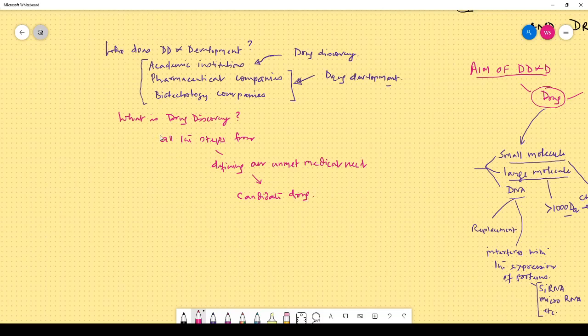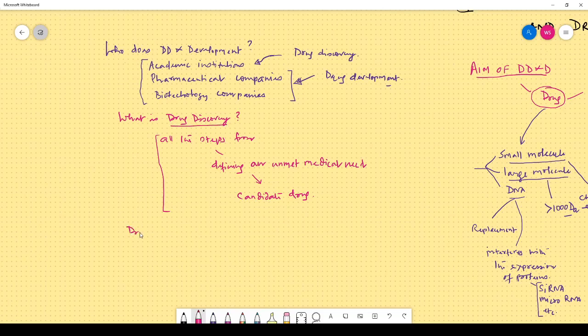So all the steps which are involved, from defining an unmet medical need to the eventual finding out of a candidate drug, is called drug discovery.